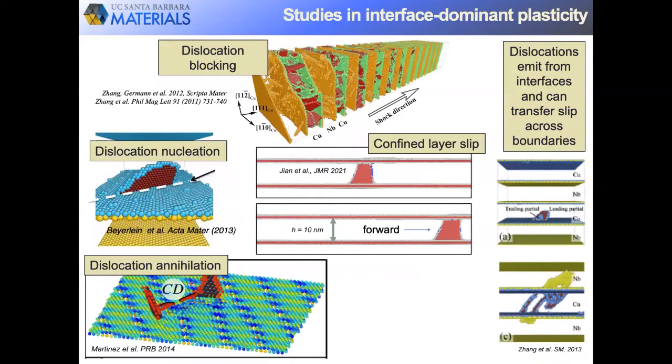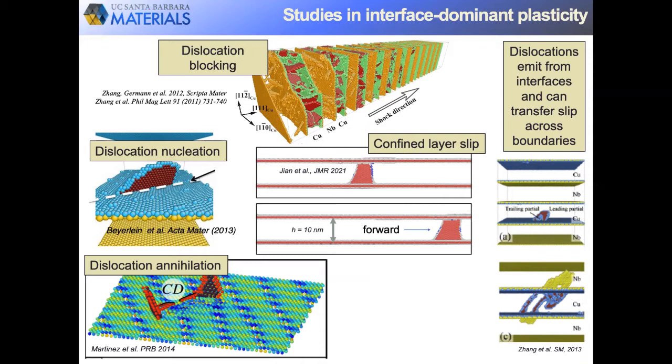So then the question became, what exactly are the interfaces dominating? They dominate the strength, but how? For plasticity in metals, the main concern then becomes the effect of the interface on dislocation motion.